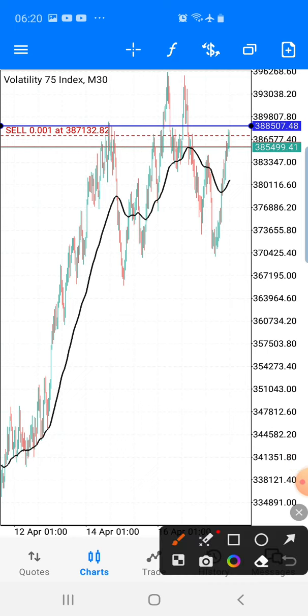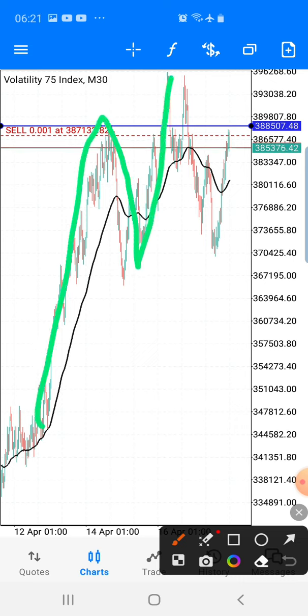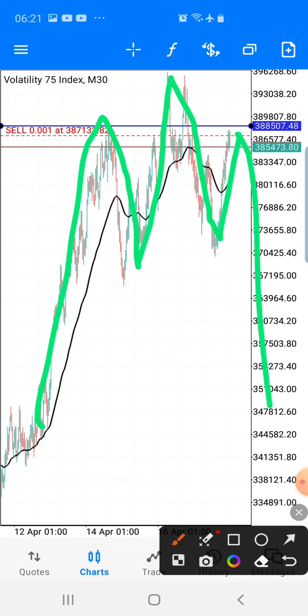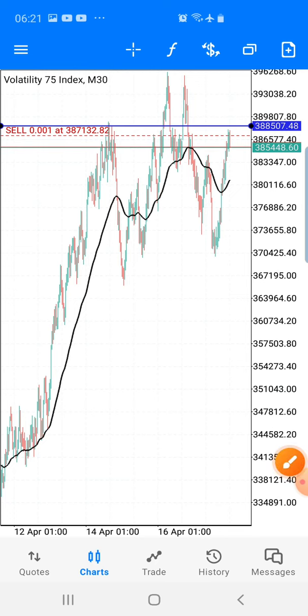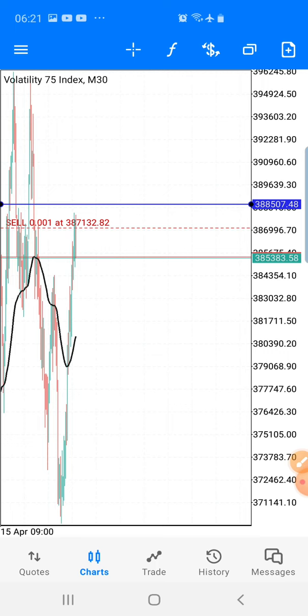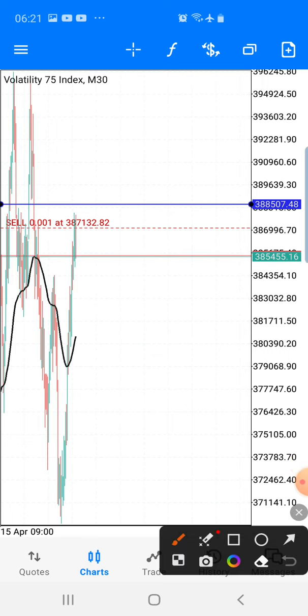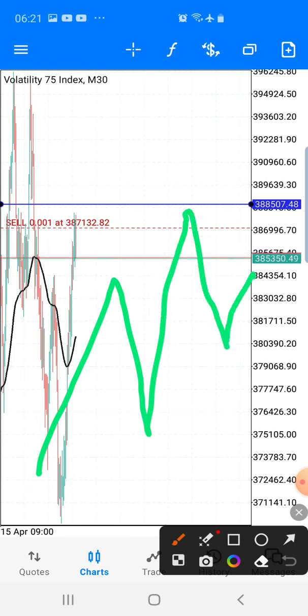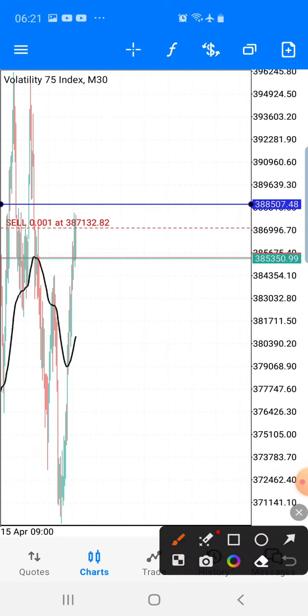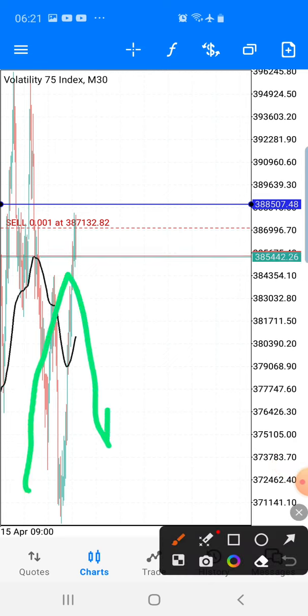And if you look, after the manipulation, we had that head and shoulders pattern. Okay, so we are expecting a drop to the downside. Not just the head and shoulders pattern. We have different types of head and shoulders pattern, but this particular one is so effective. Now when you have this head and shoulders, it's very different from this other type of head and shoulders pattern.